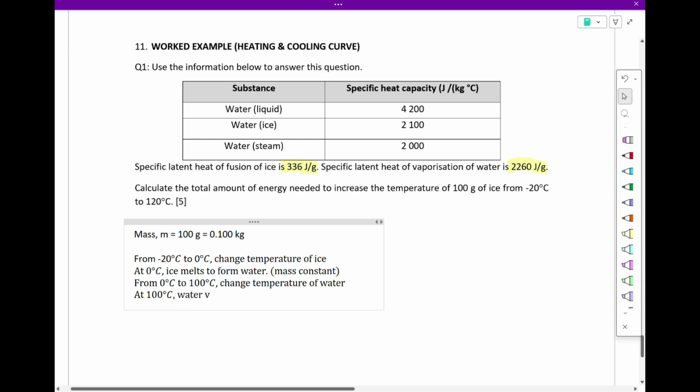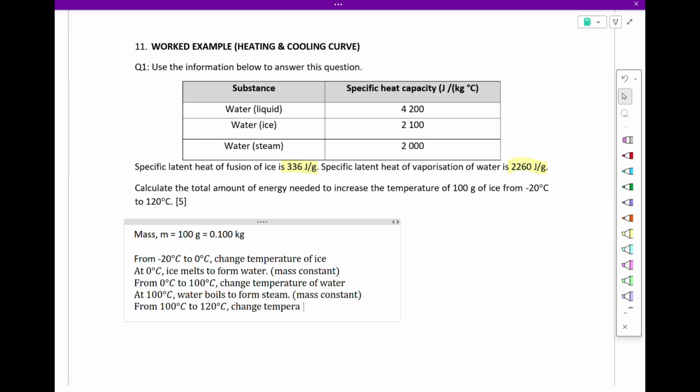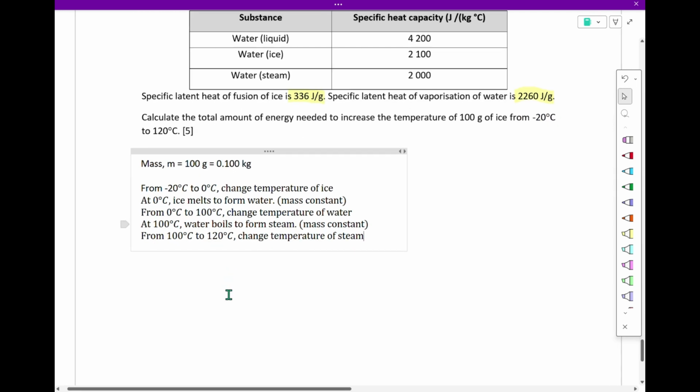Then your water boils to form steam. Okay, don't forget, it's not done yet. Then from 100 degrees C to 120 degrees C, what happens is your steam changes temperature, change in temperature of steam. So you can actually see that there's 5 steps, 5 formulas.